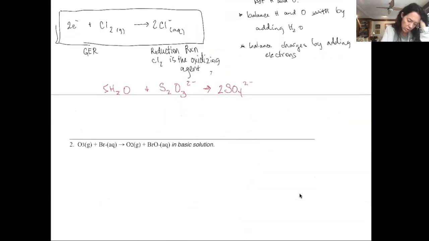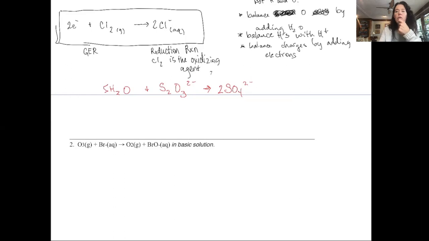However, my hydrogens are not balanced, so right here, I need to add another step. Balance oxygens by adding water. Balance hydrogens with H plus.